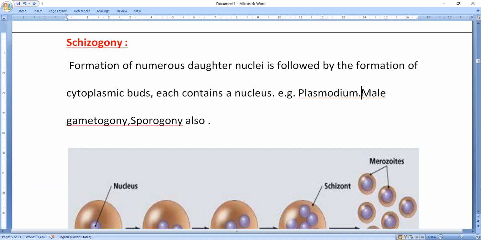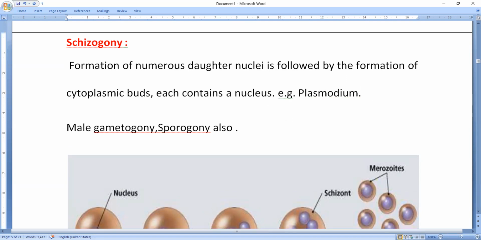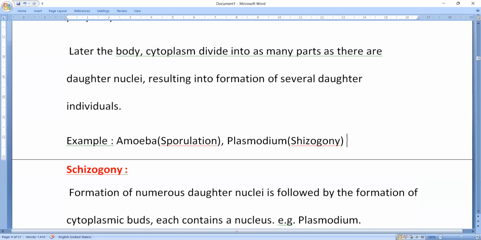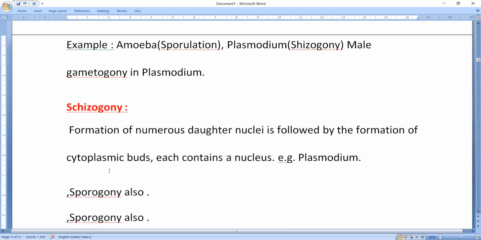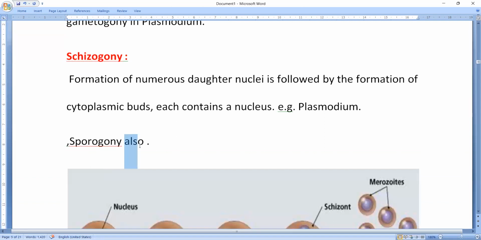And here, male gametogony also comes, so at the time of male gamete formation too, that is also a kind of multiplication. Okay, so in Plasmodium, sporogony is a kind of multiple fission, and also the erythrocytic life cycle of Plasmodium.